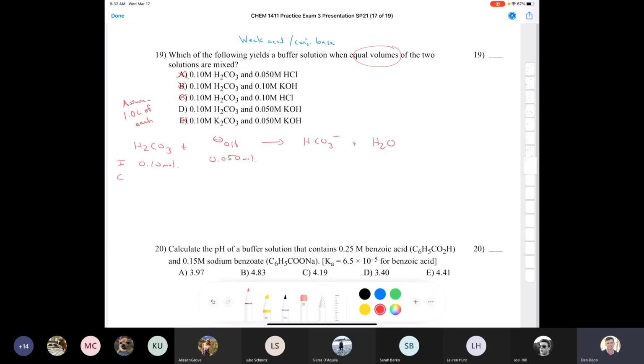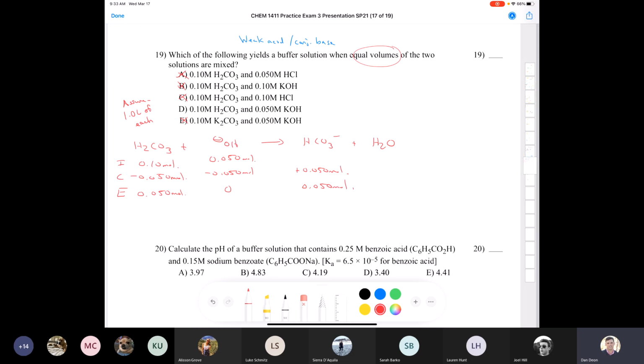Initially, I have both of those, and I'm going to have a change where I remove 0.050 moles of this, and I remove 0.050 moles of this, and I form 0.050 moles of the bicarbonate ion. So at equilibrium, I have some of the carbonic acid left over, I have none of the hydroxide, and I have some of the bicarbonate ion formed.